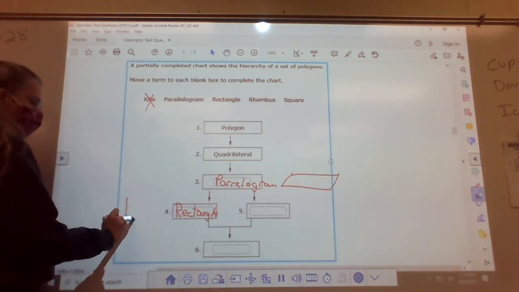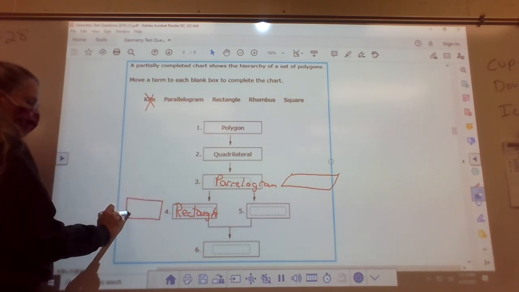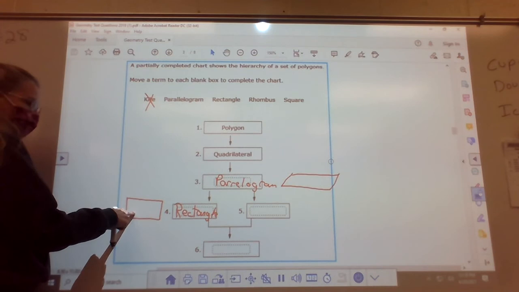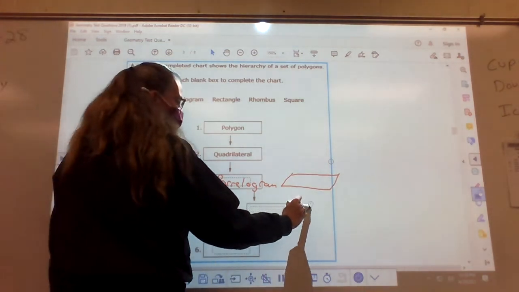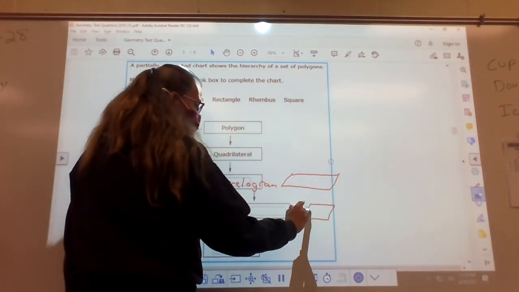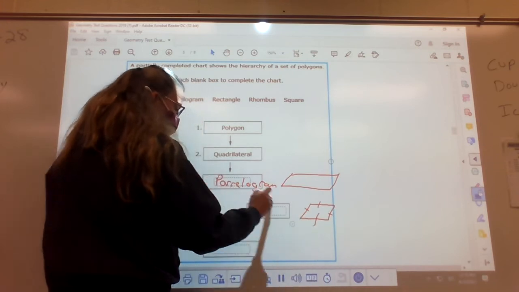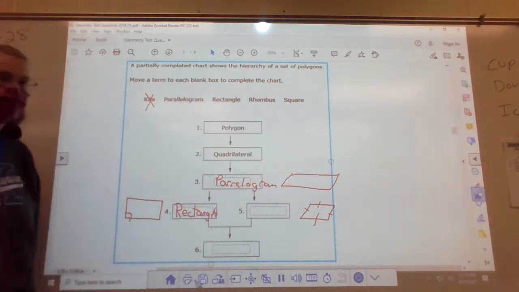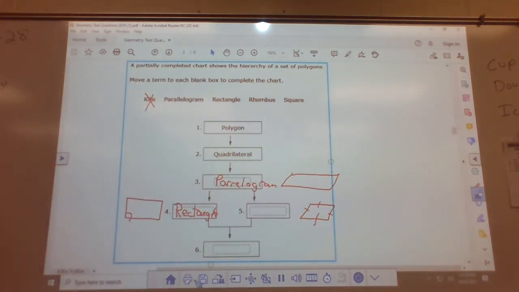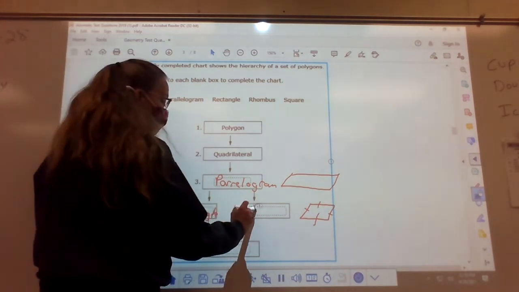Rectangle is a type of parallelogram with 90-degree angles. So this one has equal angles. I'm looking for a parallelogram with equal sides. Equal angles, equal sides. So what's the parallelogram that has equal sides? Rhombus. So this one should be rhombus.